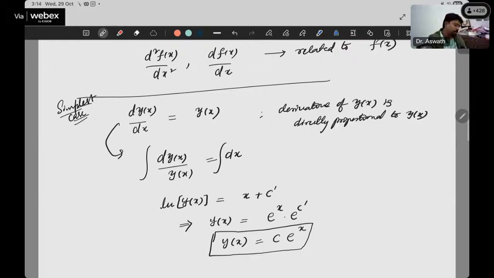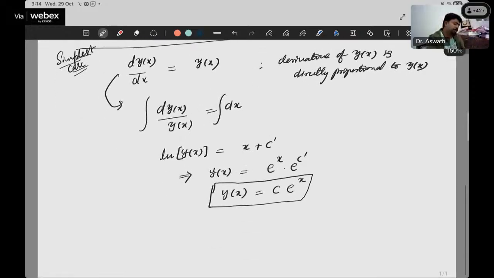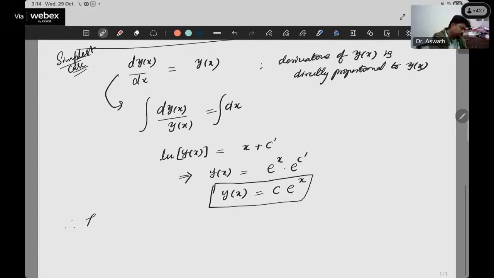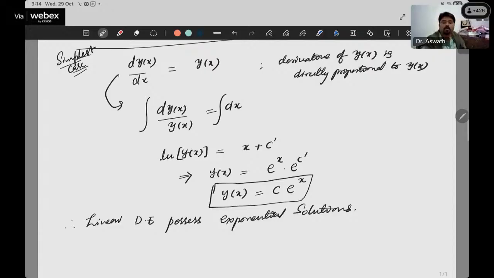Now, this is a linear differential equation. So linear differential equations possess exponential solutions. You can also say sinusoidal solutions if you want. It is that simple and easy to find. Look at this equation and you can immediately figure out the solutions.